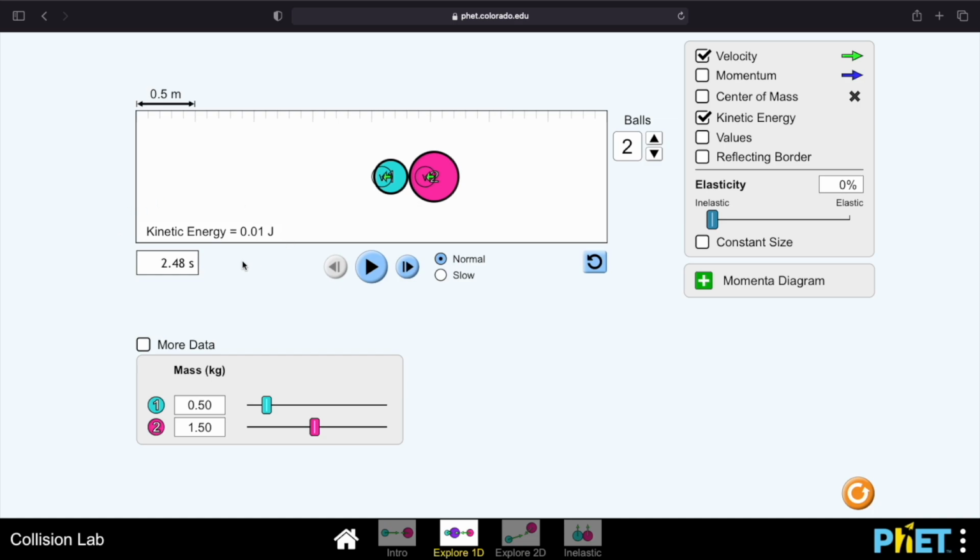And as you can see here, the kinetic energy has decreased tremendously, and it's near zero, but it's not zero because it's still moving with a velocity. It's just that the velocity is quite small.